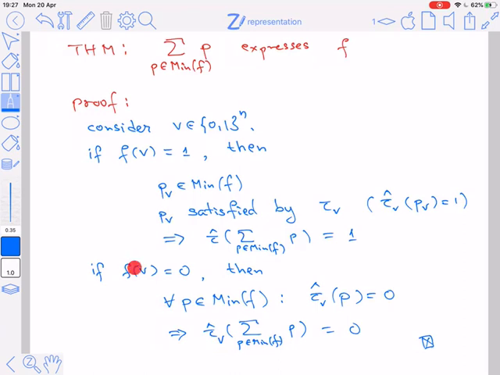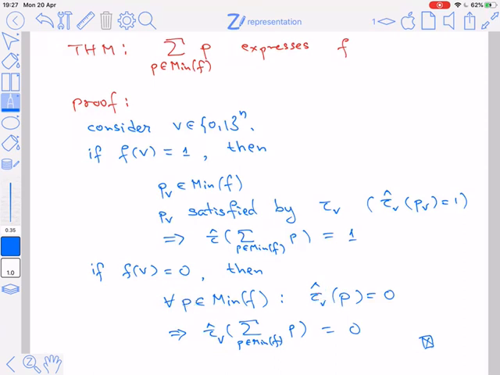So if f of v is 0, it means that every minterm of f is not satisfied by the truth assignment tau of v, right? Because these minterms are satisfied by exactly one truth assignment, and that truth assignment cannot be v.